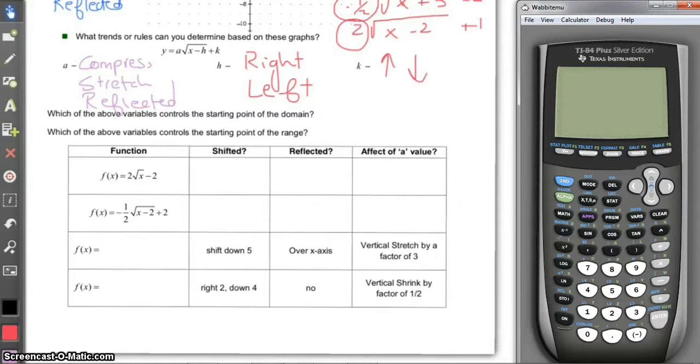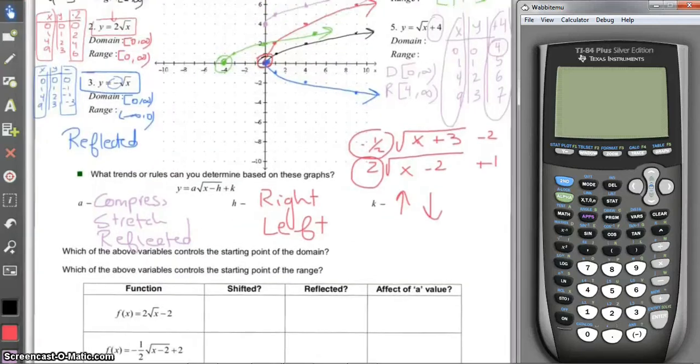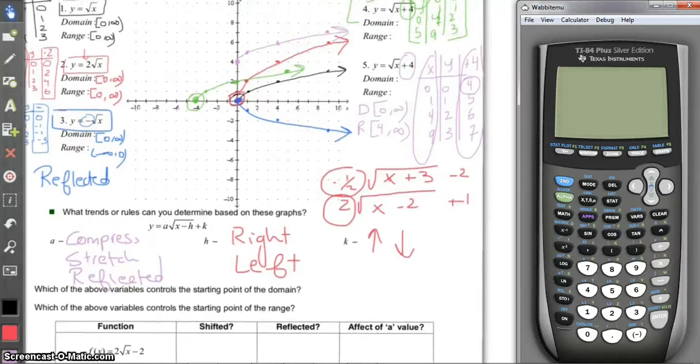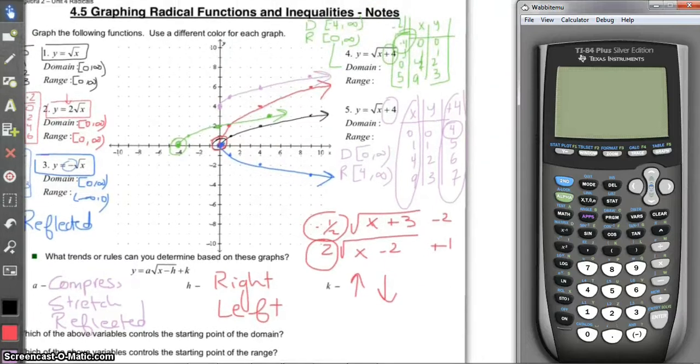Which of the above variables control the starting point of the domain? So let's look at the starting point of the domain. For example, let's look over here. The starting point of the domain was -4. So probably it's the h, which is inside the radical, and it's the opposite.